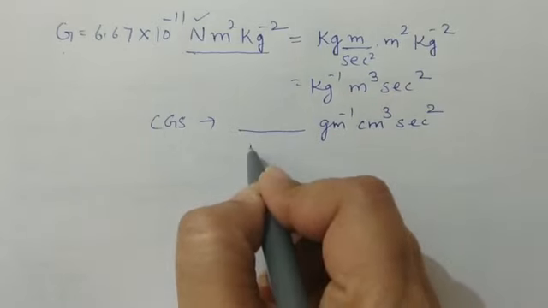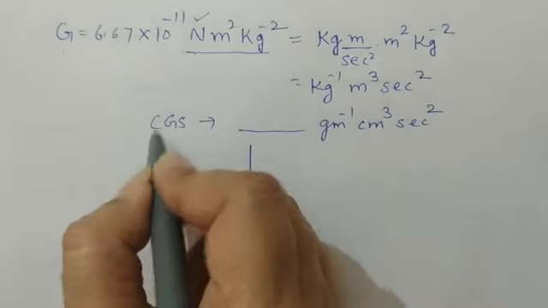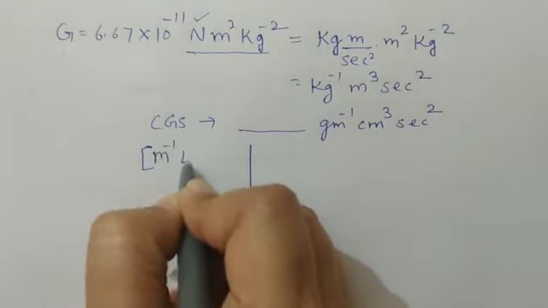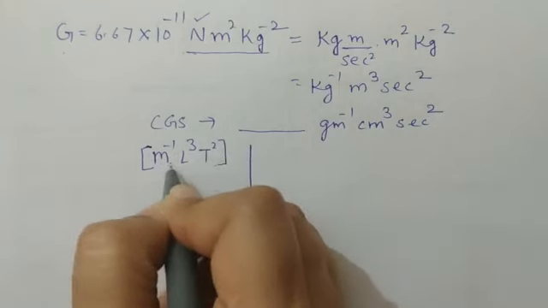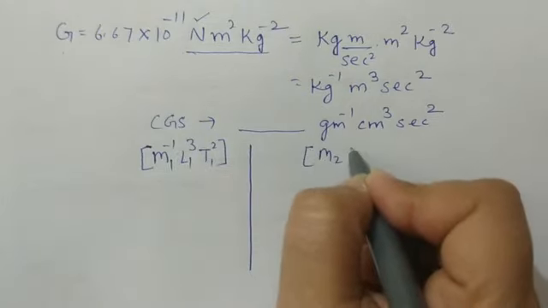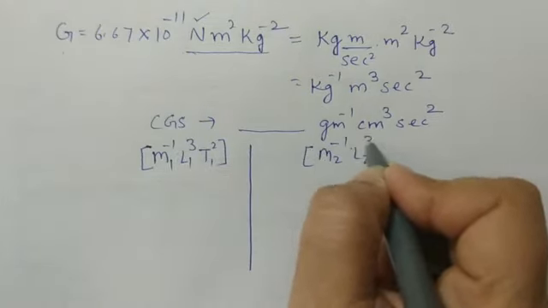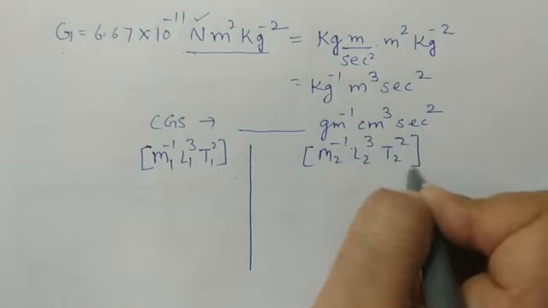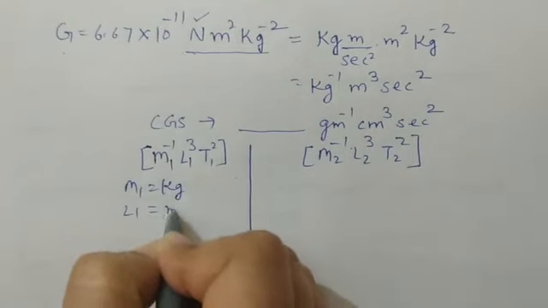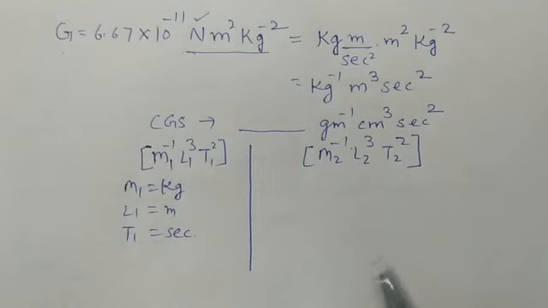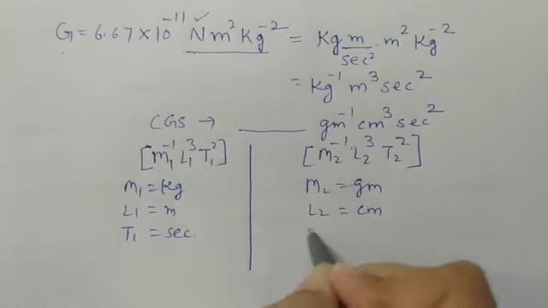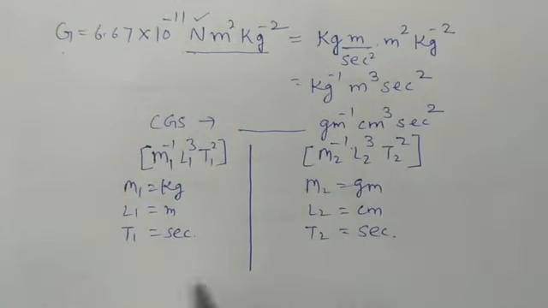Again, we'll take it like this. Dimension of G is m minus 1 L cube T square. So here it will be m1 L1 T1, that is first system, and here it will be m2 L2 cube T2 square. So m1 is kg, L1 is meter, T1 is second, m2 is gram, L2 is centimeter, and T2 is second.